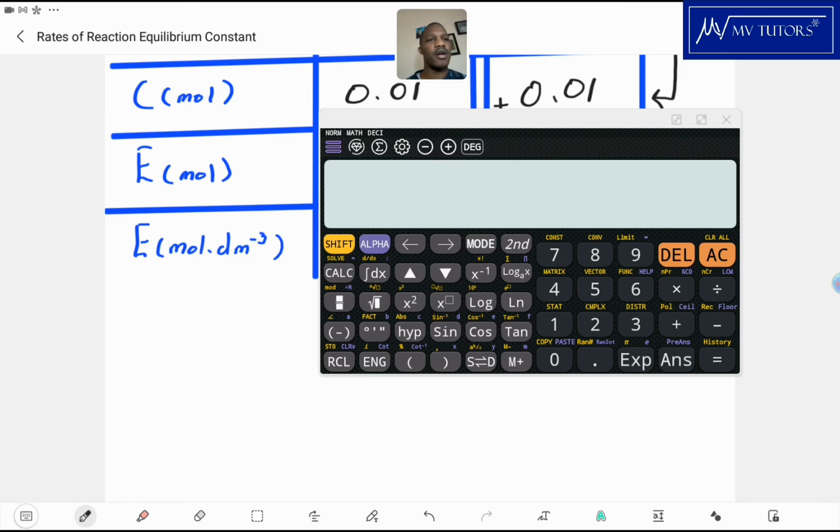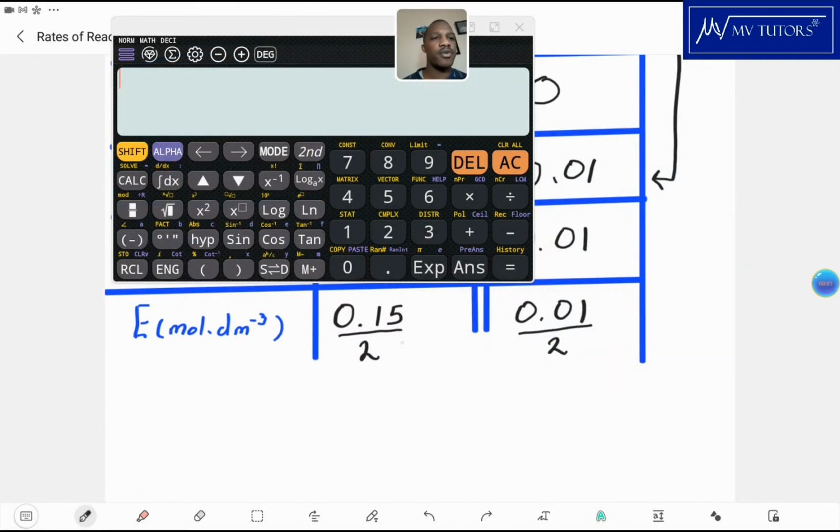Okay, so bring up your calculator. It's 0.15 divided by 2, and we get 0.075. The next one, we have 0.01 divided by 2, and then we get that equals 0.005. Okay, thank you so much, calculator.